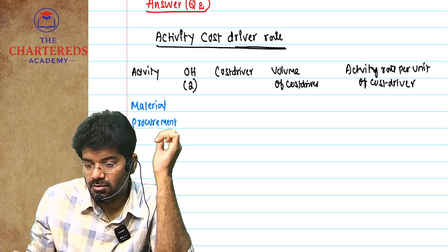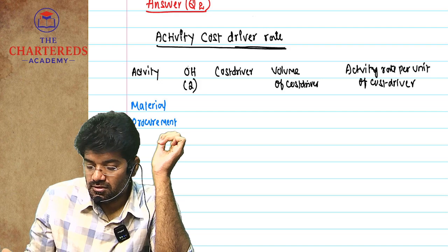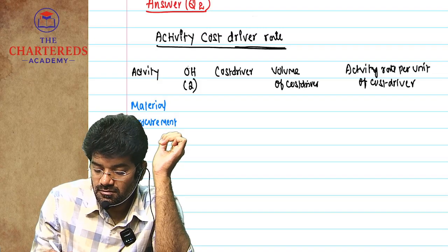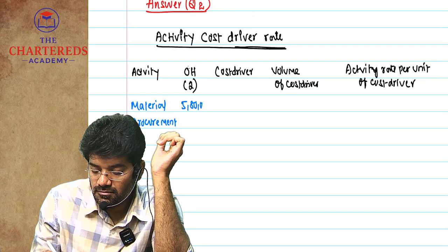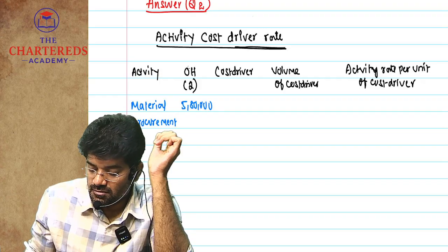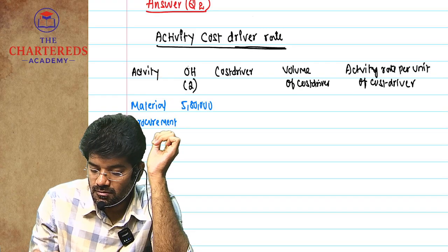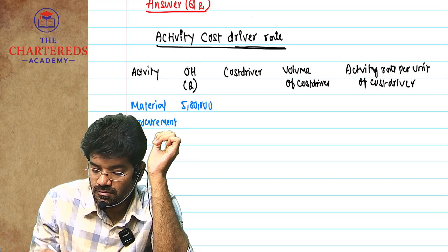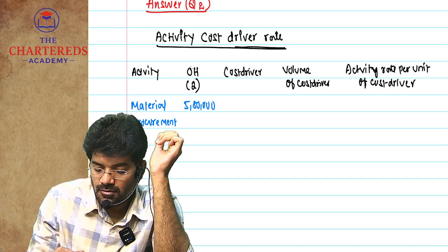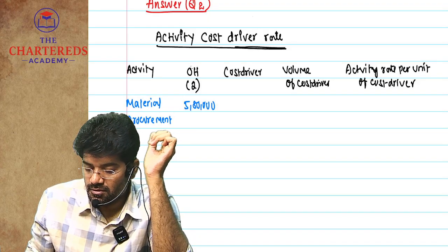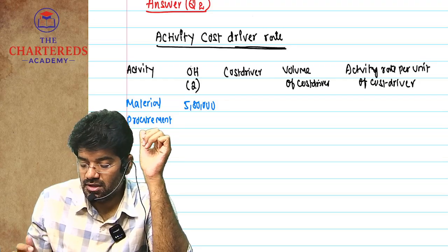What is the amount for material procurement? 5,80,000. Now what is the cost driver applicable for this?